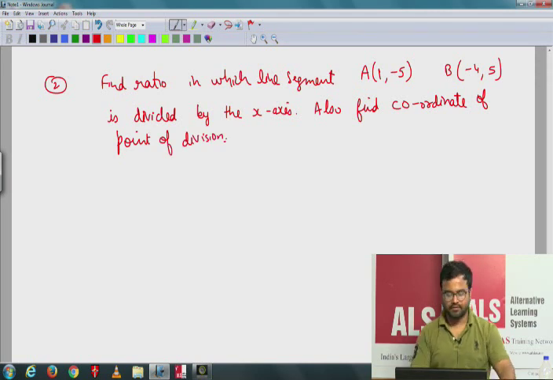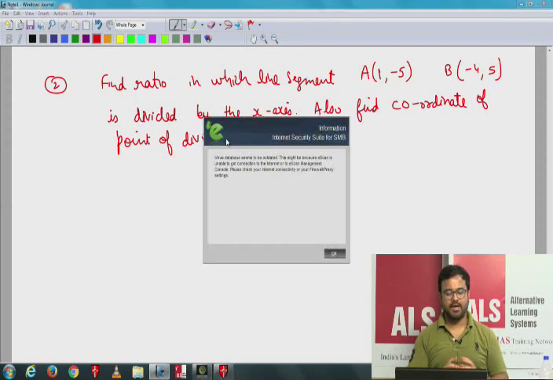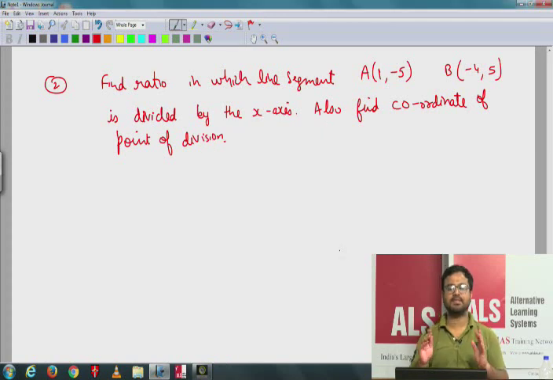Now, first of all, we have to understand what this question is saying. It is saying that there is a line segment having the endpoints A and B, with A having the coordinates 1 comma minus 5 and B having the coordinates minus 4 comma 5.